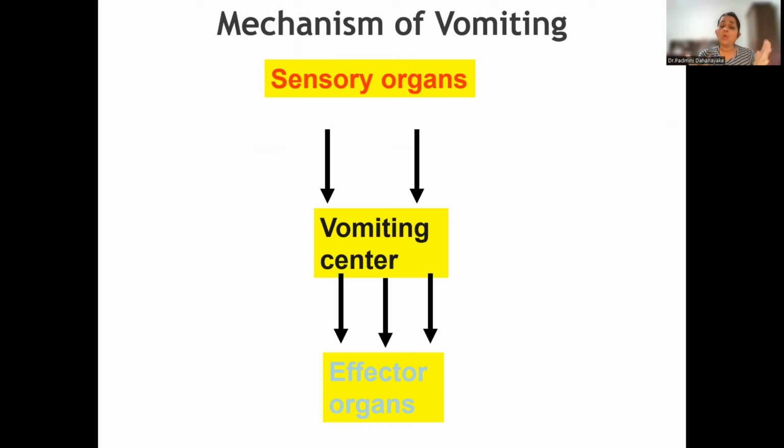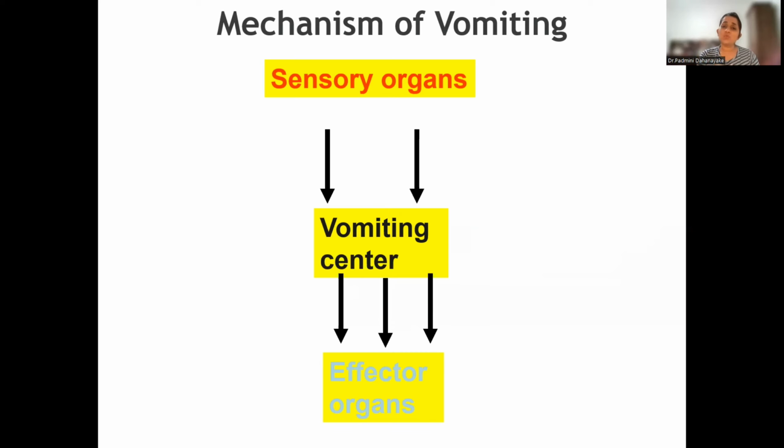And to coordinate between these three structures, you have two sets of wires. So what are these wires? The afferent nerve fibers and the efferent nerve fibers. So these are the two connecting mechanisms of these three structures: sensory organs, central coordinating center, and the effector organ.